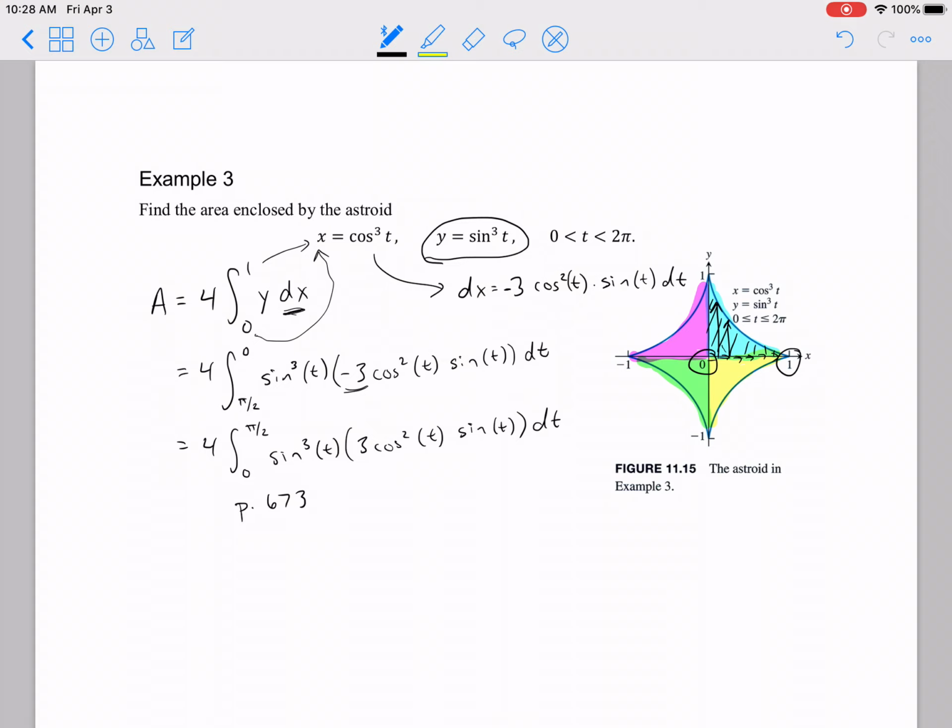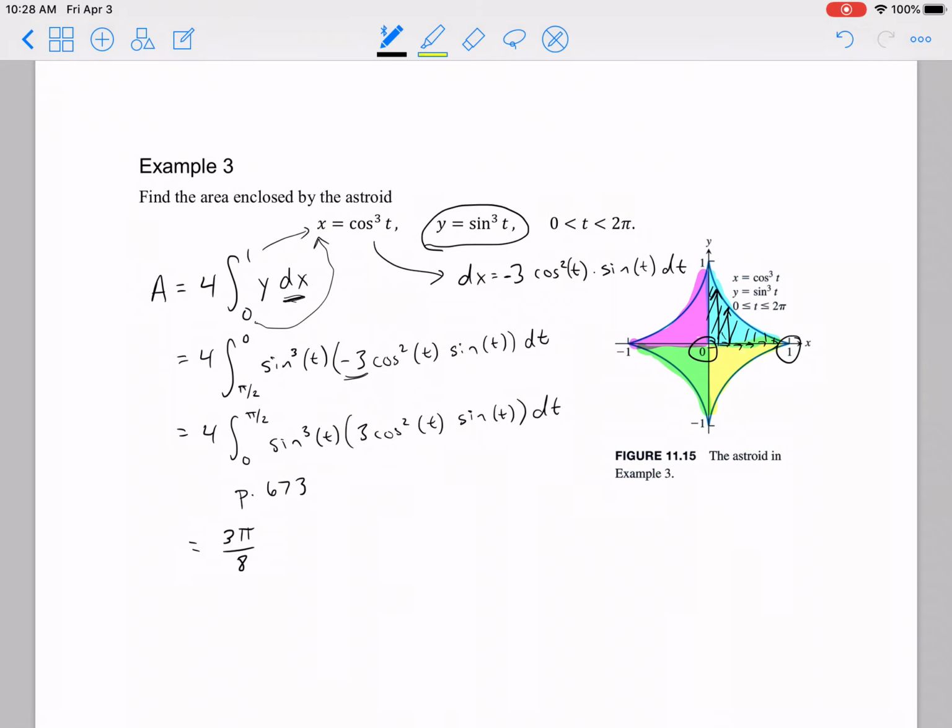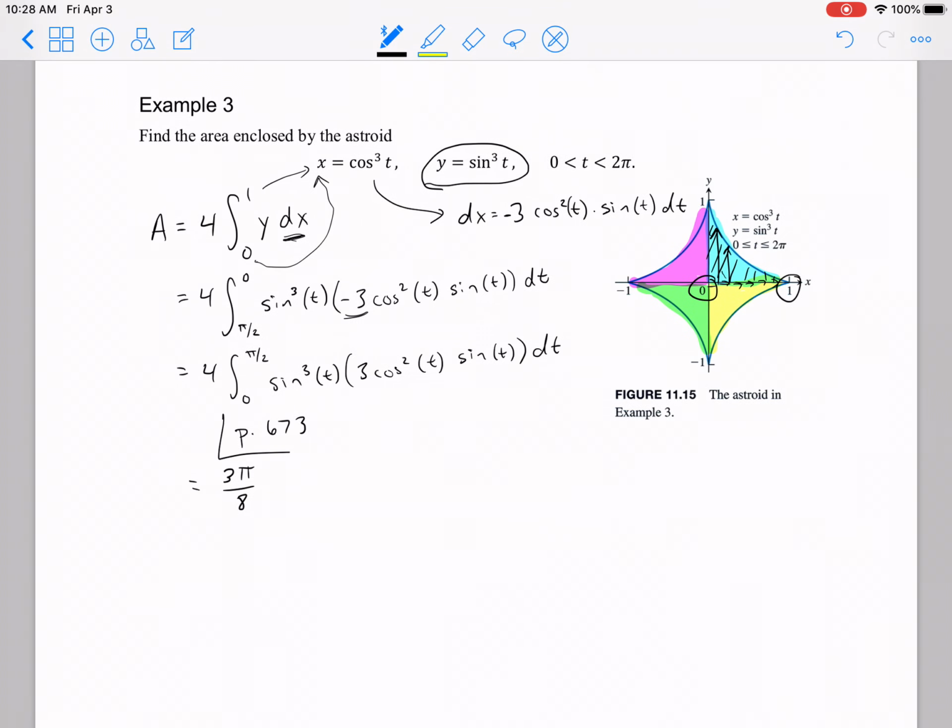When you get it all evaluated, you should end up with 3 pi over 8. I won't make you watch this in video, but if you need me to go through it with you, I can in our next meeting. But give it a try. Check out page 673 if you're stuck, and look at what they're doing. If you're still stuck, just let me know. So go to pages 673 and 674 and see if you can get that to work out.